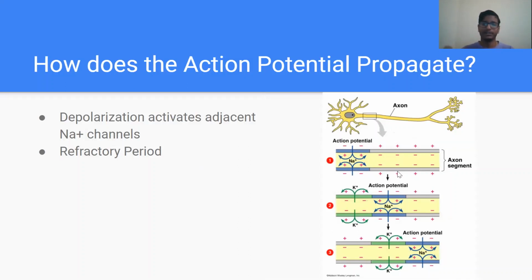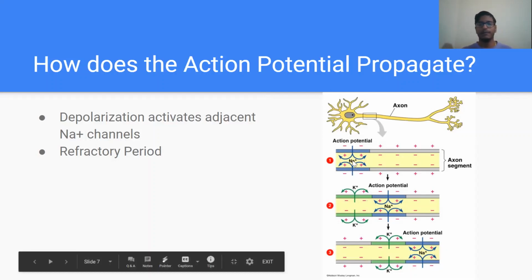That's going to increase the sodium levels. And so as sodium enters the cell, it increases the effect of depolarization, increasing the number of adjacent sodium channels that are activated, increasing the concentration of sodium. So it's a positive feedback loop.